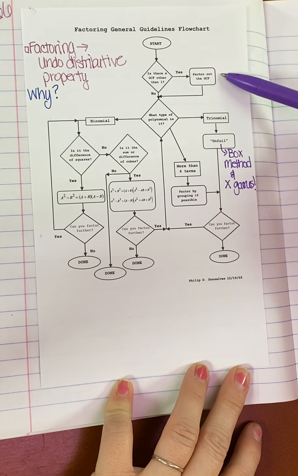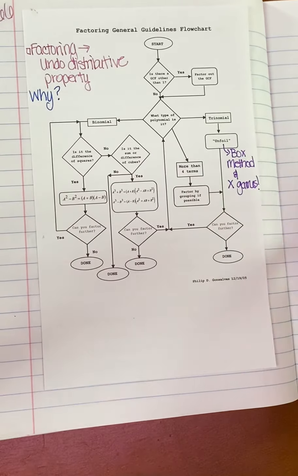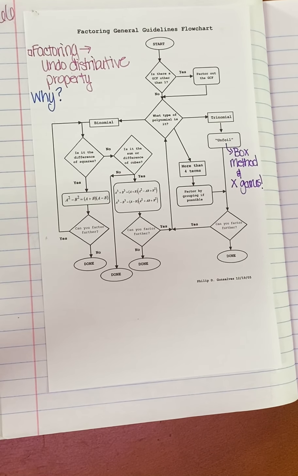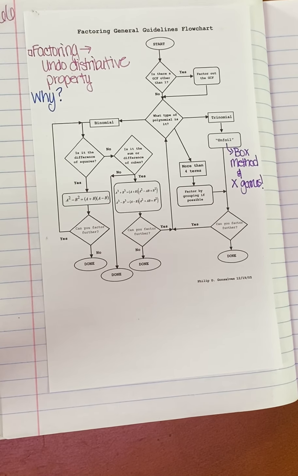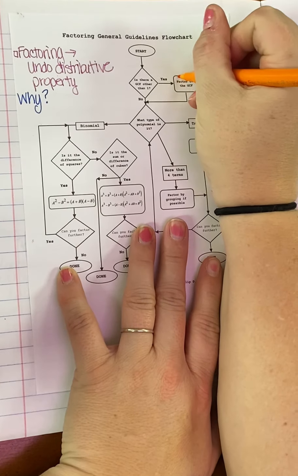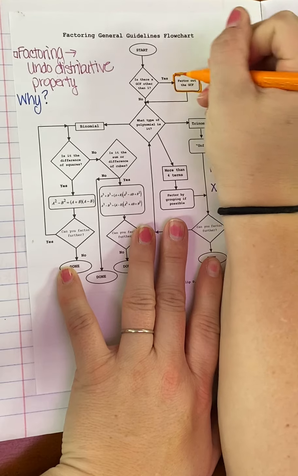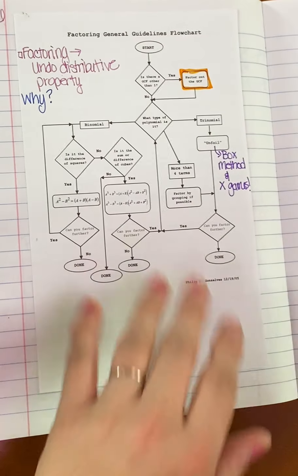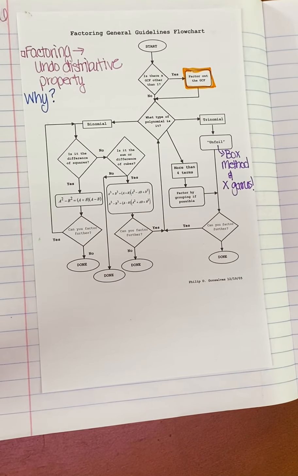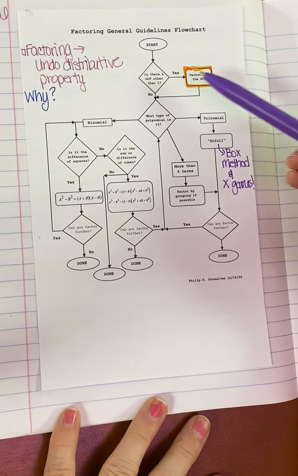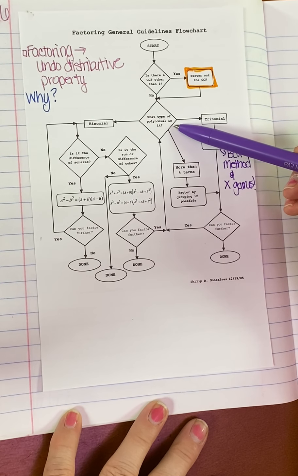If there is, the first thing you will always do, friends, always, is factor out your GCF. This needs to be the first thing that you do.